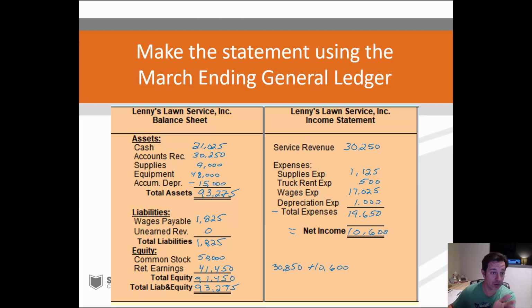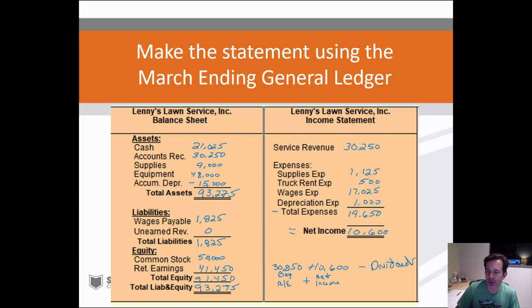We need to do the income statement to begin with so we can get our number for ending retained earnings on the balance sheet, because you remember ending retained earnings is going to be that beginning retained earnings balance plus what net income we have. In chapter 10 we talk about how we subtract dividends that were declared and paid out of that. So that's a little bit down the road, but for right now, beginning retained earnings plus our net income. If we had a net loss, we lost money, we'd subtract it out of that retained earnings balance.